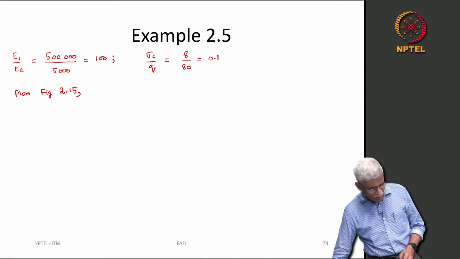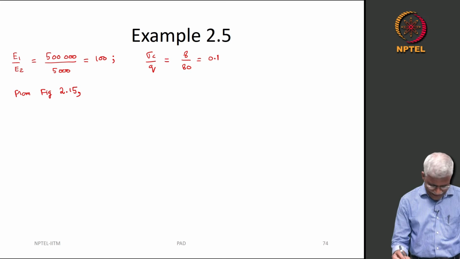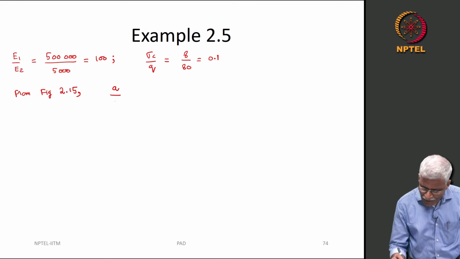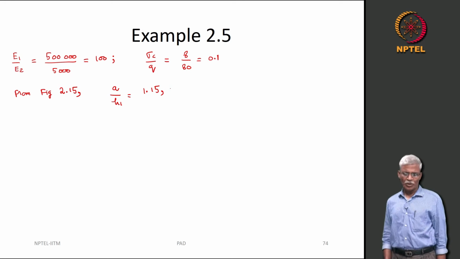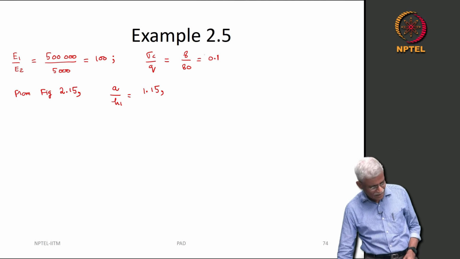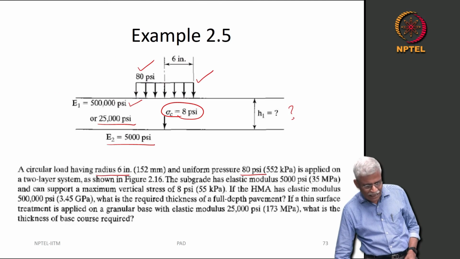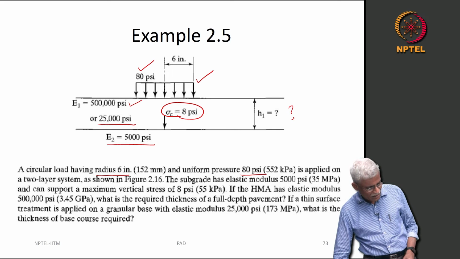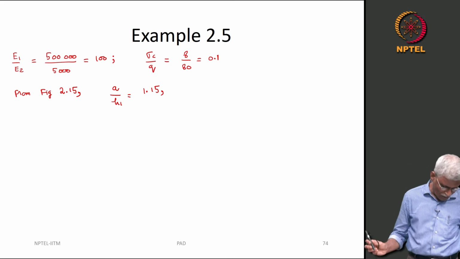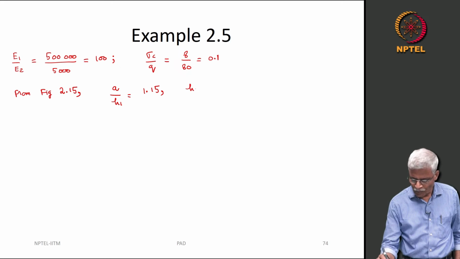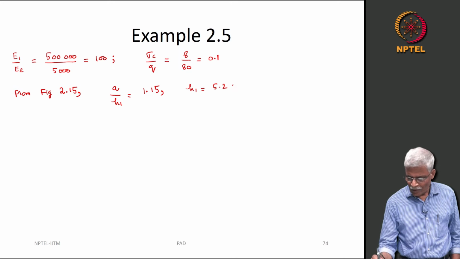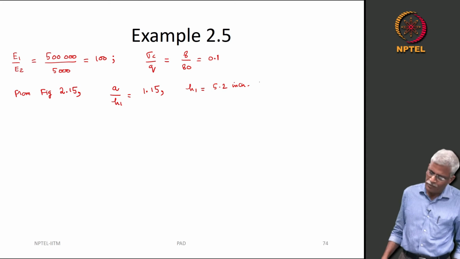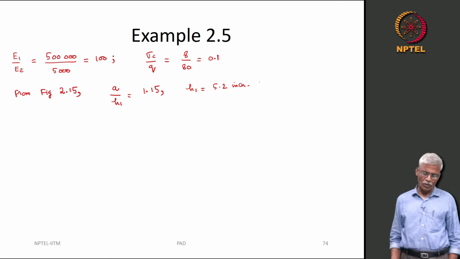So, let us go back to our problem. A by H1 is going to be 1.15. If A by H1 is 1.15, what exactly is the value of H1? A is 6 inches, so H1 is going to be 5.2 inches. So, this is what you are going to get.